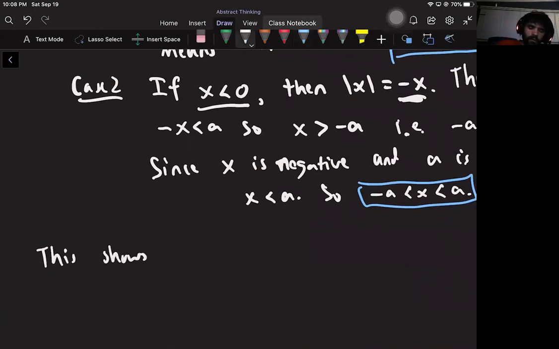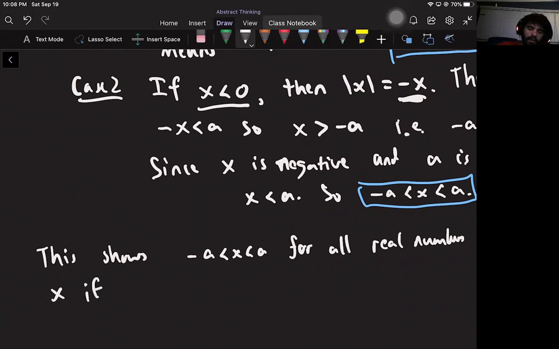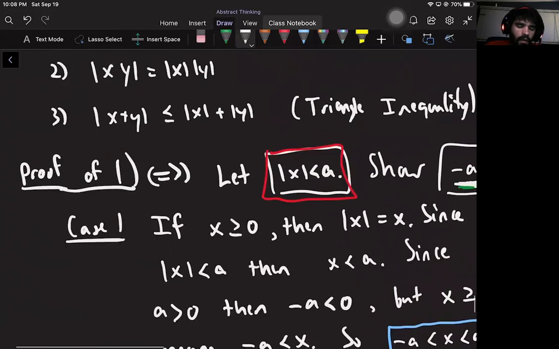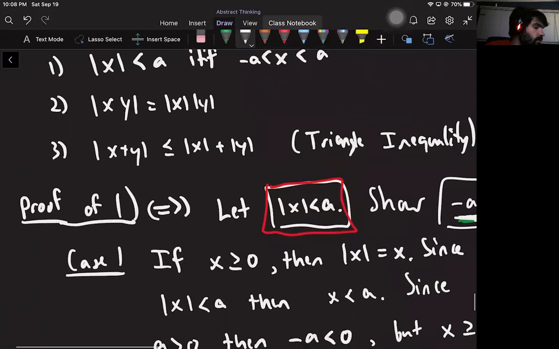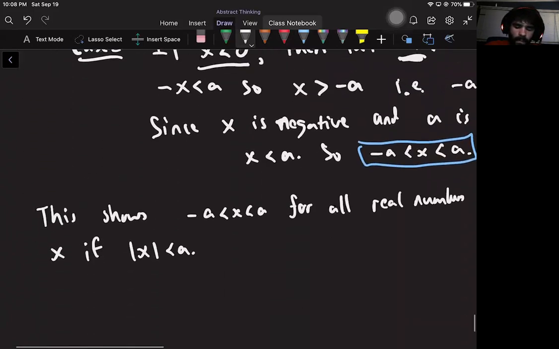So this shows negative A is less than X is less than A for all real numbers X, if the assumption is true. That's the if part of 1. So now I've got to do the reverse.